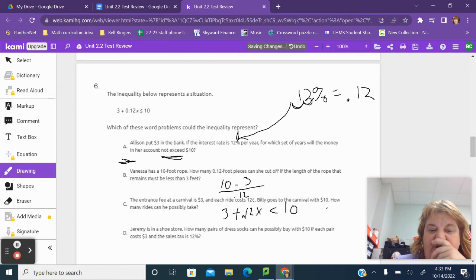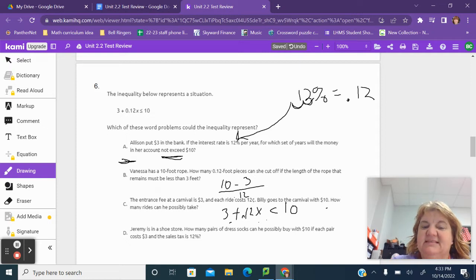So the entrance fee is this, it's this much per ride. But see how this says how many rides? He goes with $10. How many rides? Okay, so that one could be a possibility. We'll look at those two.